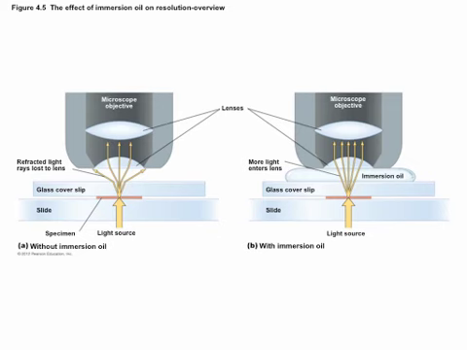So here, it bends a little bit when it gets to the glass. It doesn't bend as much when it gets to the oil, and it still hits the lens. So the oil immersion is going to help more of the light actually reach the lens by reducing diffraction.